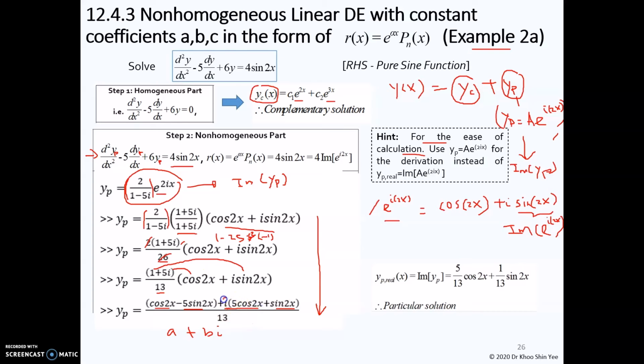And you collect the terms for the imaginary part and the real part. So this is your yp solution. Our actual solution is located at the imaginary part of the yp. With that, we remove the real part, and this is the actual solution. So we rewrite it, so you should obtain this for your particular solution.